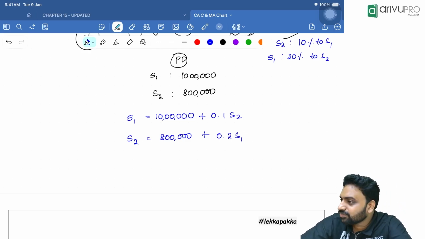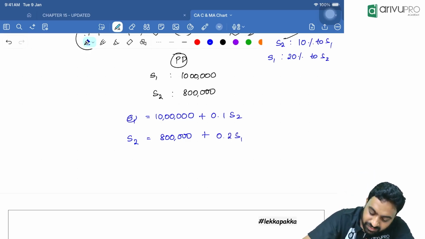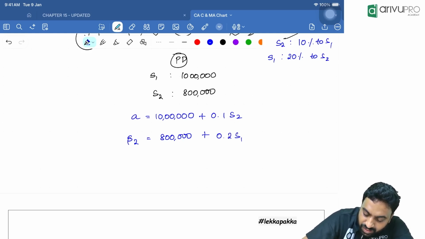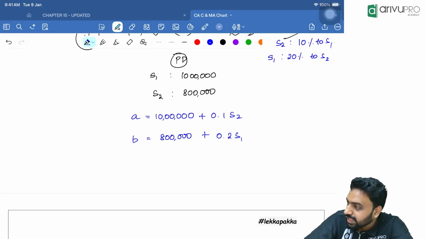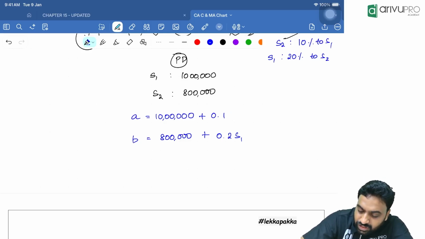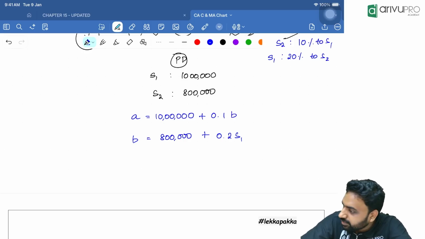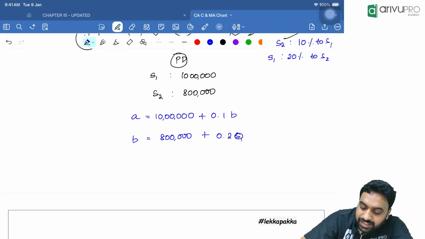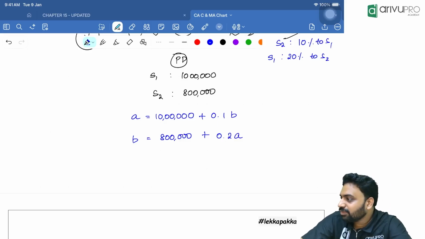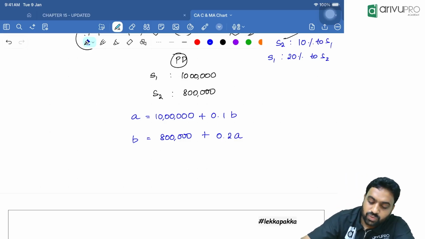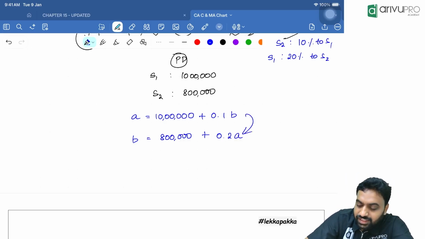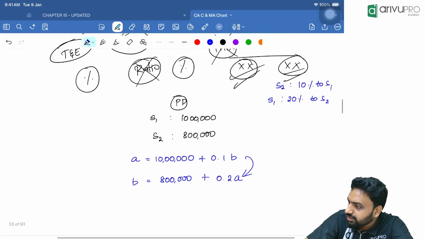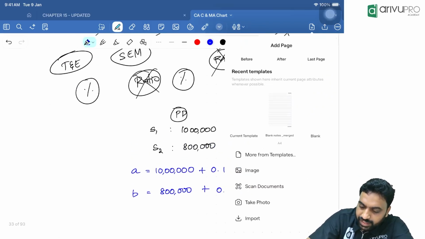To reduce the confusion, the overhead of S1 I will take as A, and the overhead of S2 as B. Then A is equal to 10 lakh plus 10% of B, and B is equal to 8 lakh plus 20% of A. Understood? Now we will substitute either 1 in 2 or 2 in 1, and we will solve it.